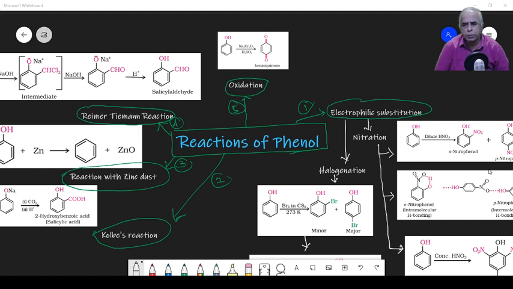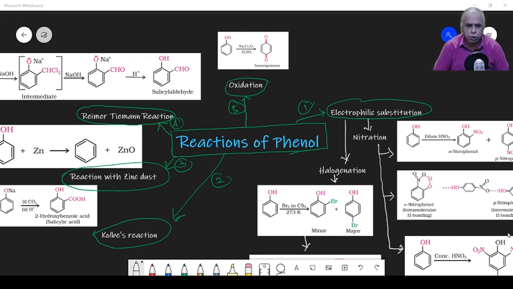And the final step is the removal of proton. Nitration, halogenation, sulfonation, alkylation are all examples of electrophilic substitution reaction.